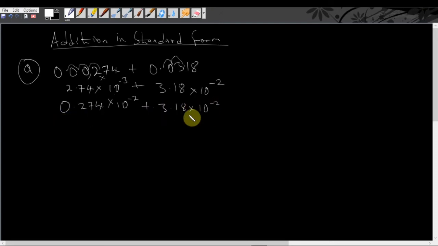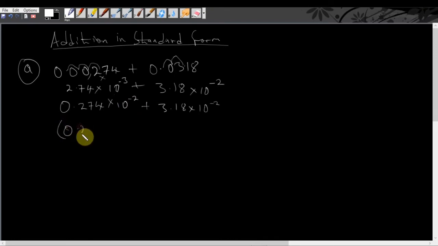You can now add the 2. Bring these numbers into one bracket and pick one exponential. This one is not like indices, where you pick one base and add the powers or subtract the powers. No, this is addition. Only pick one of these 10 to the power minus 2, but gather the other ones in parentheses.